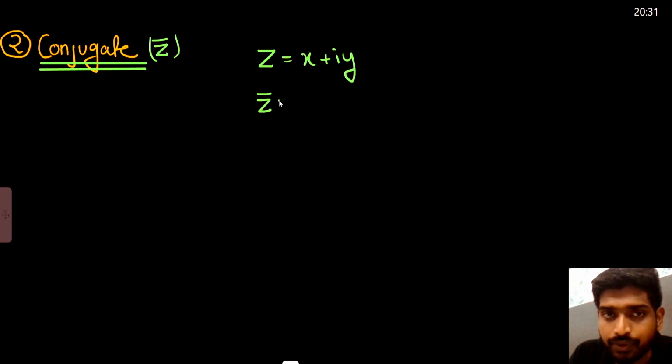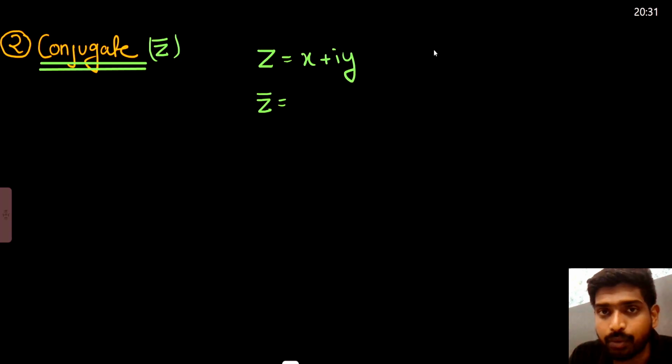Now, next, come to conjugate. Conjugate is the second most important term we have to learn in this chapter, complex numbers. Got it? Now, what is a conjugate? Conjugate is very easy also. Suppose a complex number z is there, x plus iota y. So the conjugate is represented by z bar. z bar will be formed by changing the sign of the imaginary part.